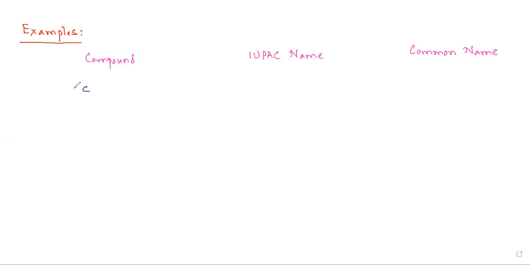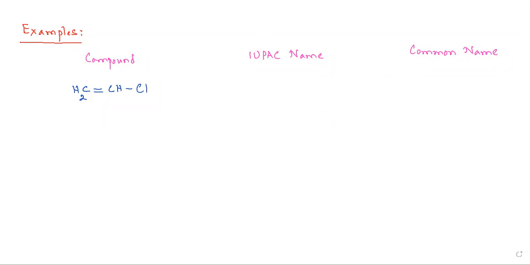Now, suppose this is taken. In this case the IUPAC name can be given as, of course, 1, 2. But even if this chlorine is connected to this carbon also, it will be 1 chloro only.